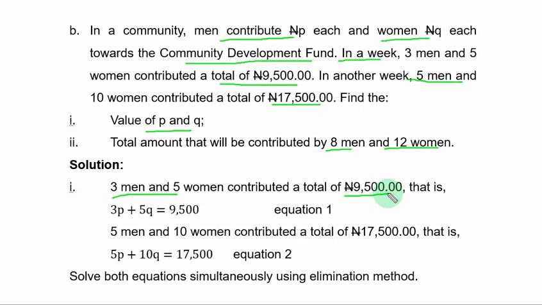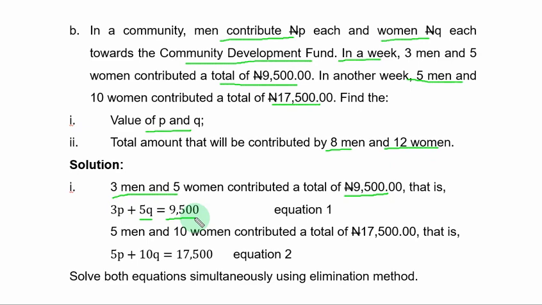The women contribute Q naira each. It means 5 women contribute 5Q, and the sum of their contributions is 9,500 naira. You call that equation 1.